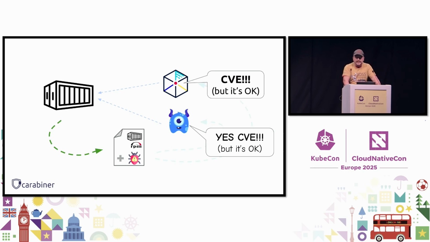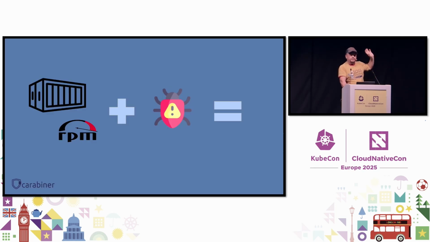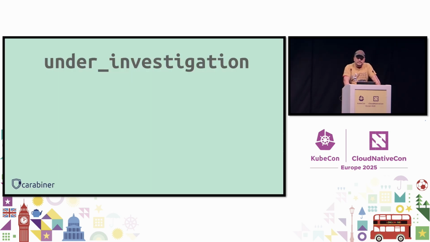A VEX document has a number of statements, and each statement pairs together your software product, which is, in this case, the container image, the component where the vulnerability was found, and the vulnerability itself, and that gets paired with a VEX status label. There are 4 labels. One is under investigation, which is a way of informing and acknowledging to your end users that you know there's a vulnerability present, but you're working to understand the impact it has.